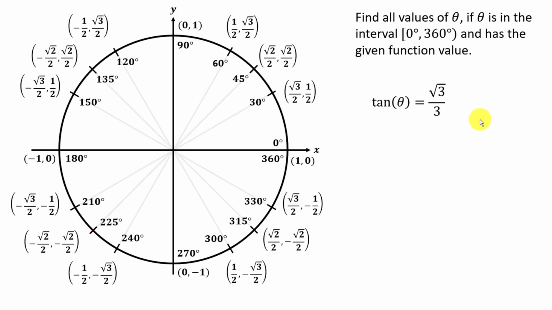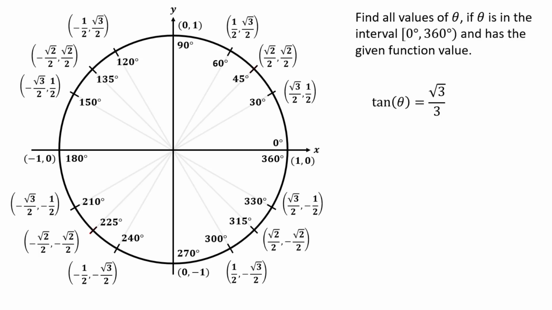And here's our last example. The steps will be similar to the previous example. We need to find all values of theta if we know that tangent of theta is radical 3/3. Just to demonstrate that there is no difference in which order you perform steps, this time let's start by identifying the correct quadrants. So in which two quadrants is tangent positive?